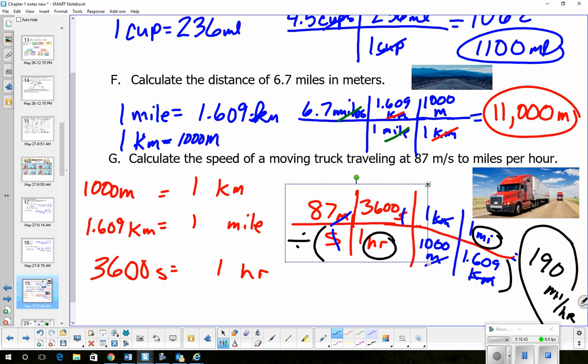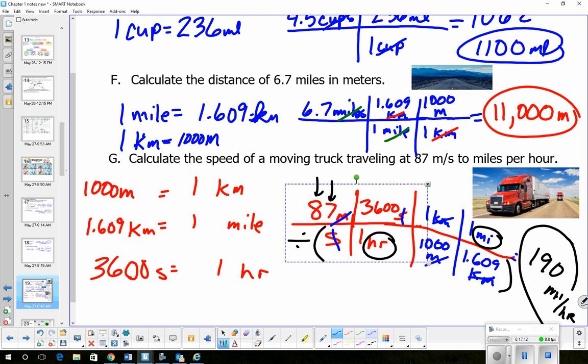I got 194. Sig figs. So I only had 2 that I could report. Because I only had 2, I still wanted it to be as big as 194, so I had to replace the 4 with a 0. If it had been a 6, I would have rounded up and it would have been 200, and then I'd have to put it in scientific notation to show 2 sig figs by going 2.0 times 10 to the second.